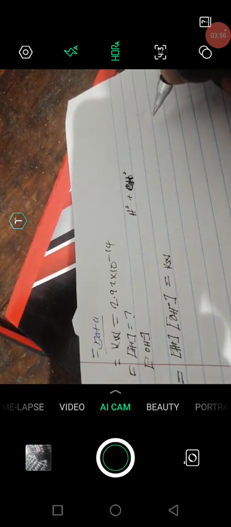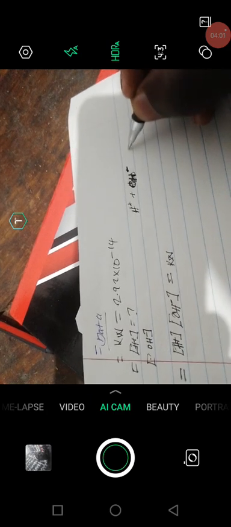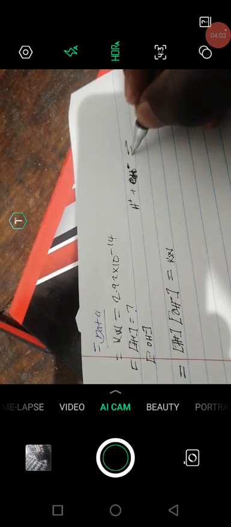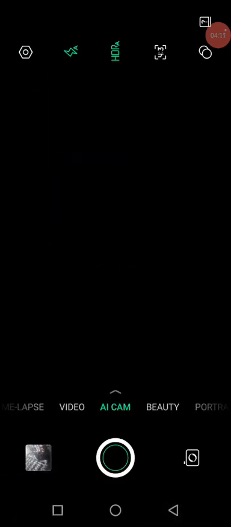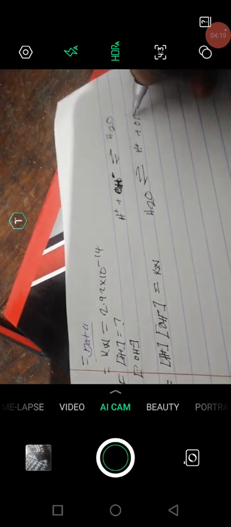And hydrogen ion plus hydroxide ion, which is negative, are able to produce what? H2O. Or H2O is able to dissociate, or break down, into hydrogen ion plus hydroxide ion.